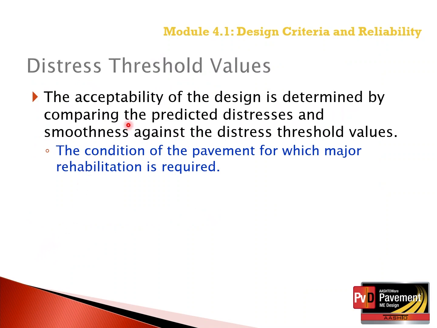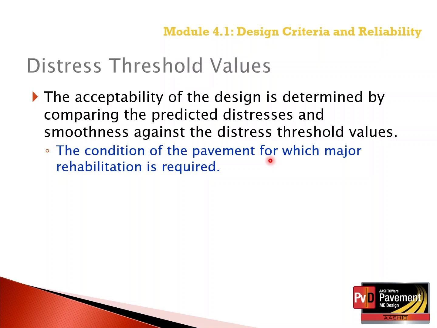The distress threshold values, reviewing back to Module 2 that we have previously delivered, are simply defined as the acceptability of the design being determined by comparing the predicted distresses and smoothness against the distress threshold values. So it's basically the condition of the pavement for which major rehabilitation is required.